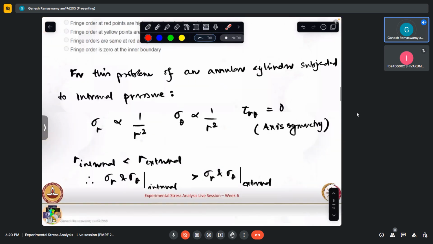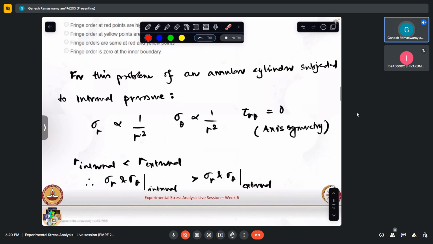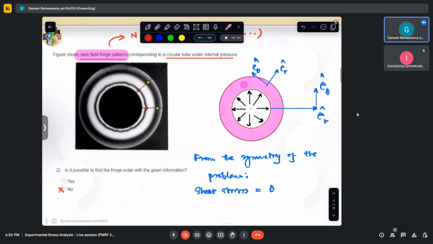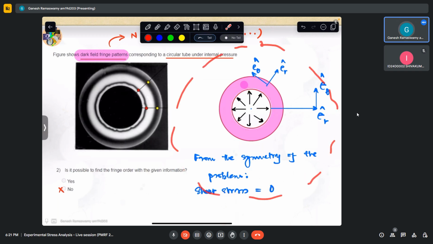So we can see when will this go to 0, when r tends to infinity, we can say that these stresses actually disappear. So what we are saying is this is the inner surface. If I were to take a section which is very far from the internal surface, there we can safely assume that the stresses go to 0.